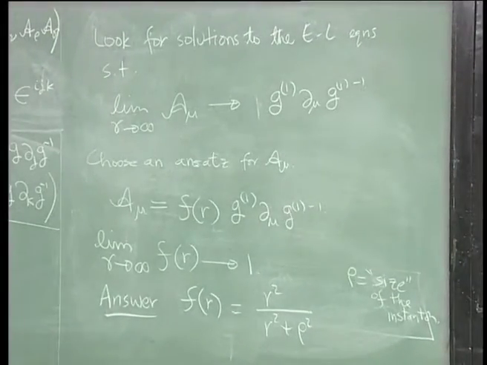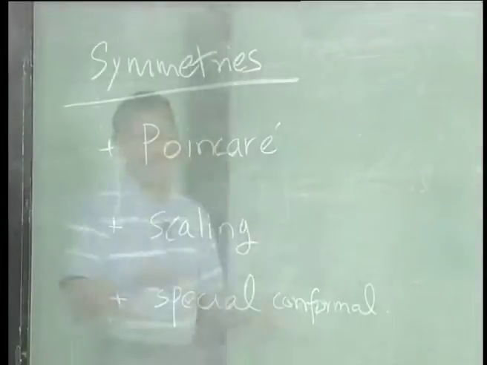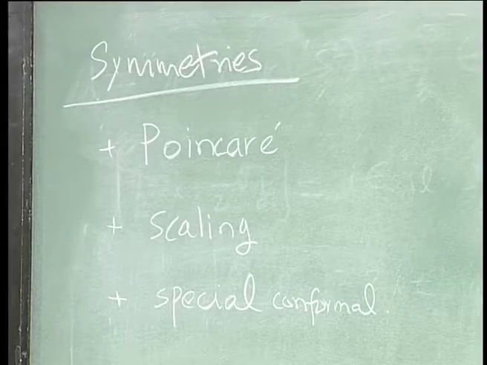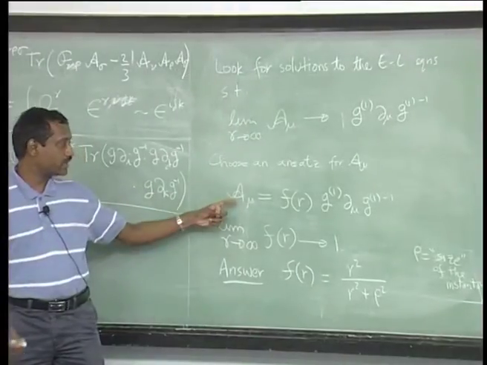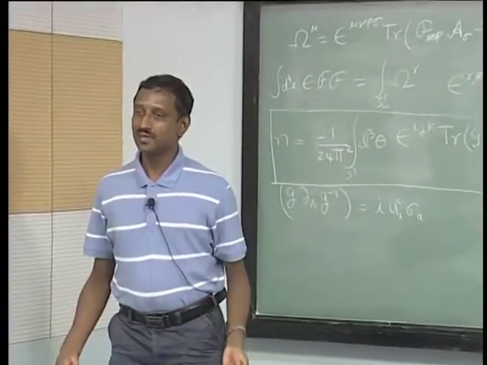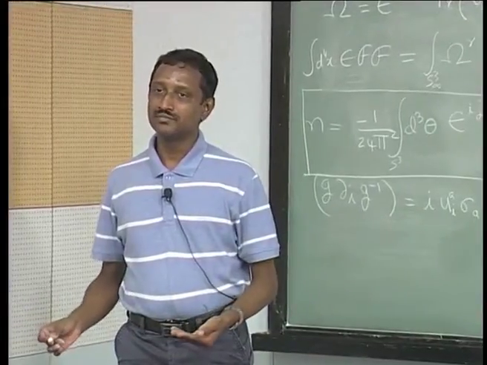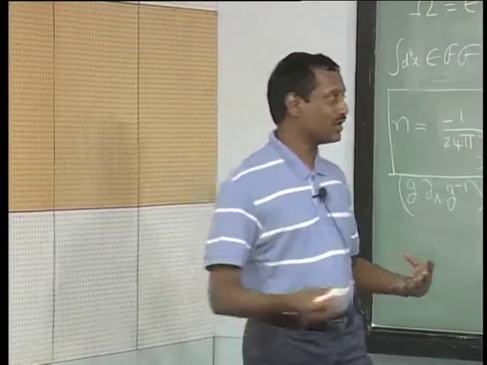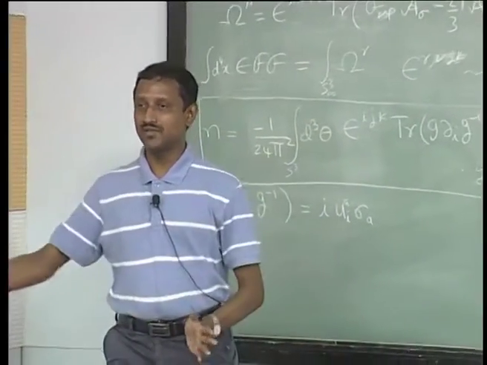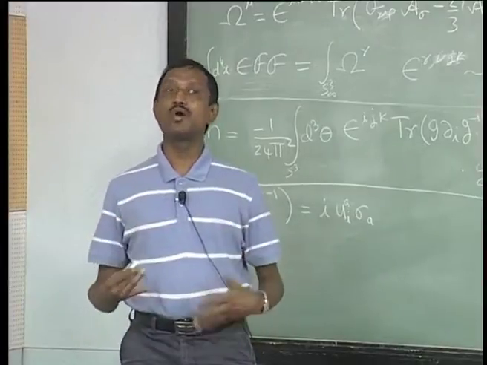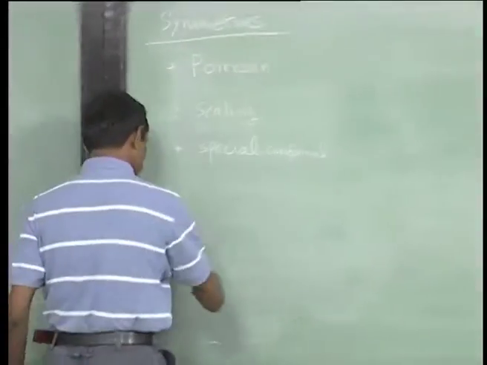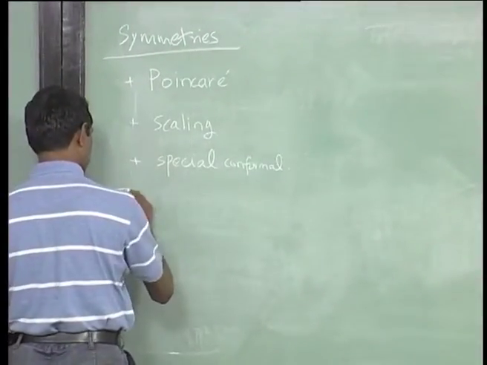Suppose I ask what happens under rotations or special conformal transformations: if your transformation takes A mu to a gauge transform of it, you would still say that it is the same solution, not a different one. This is the only subtlety or difference from when we looked at scalar things in gory detail. Here it is always modulo gauge transformations.